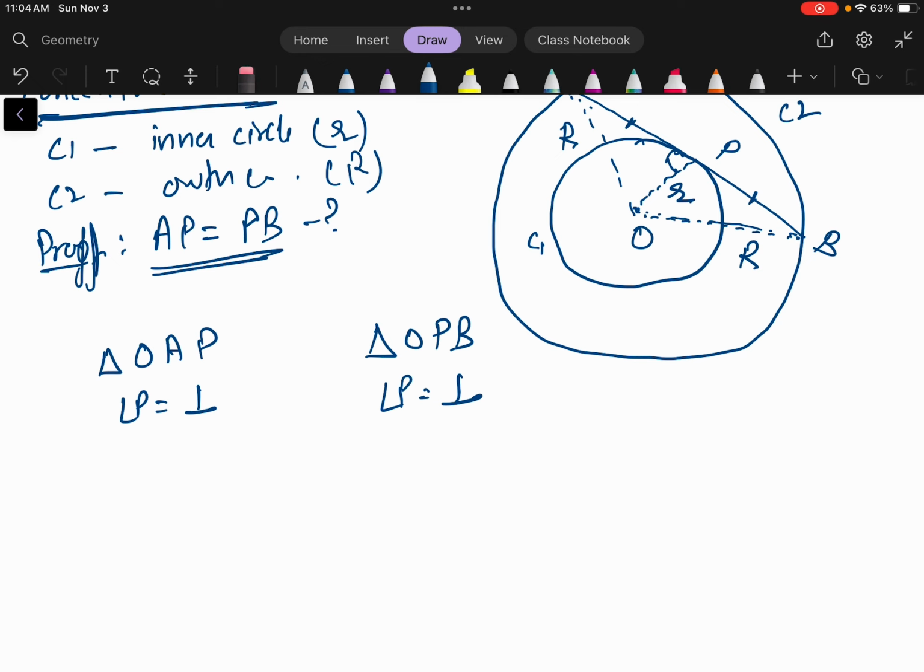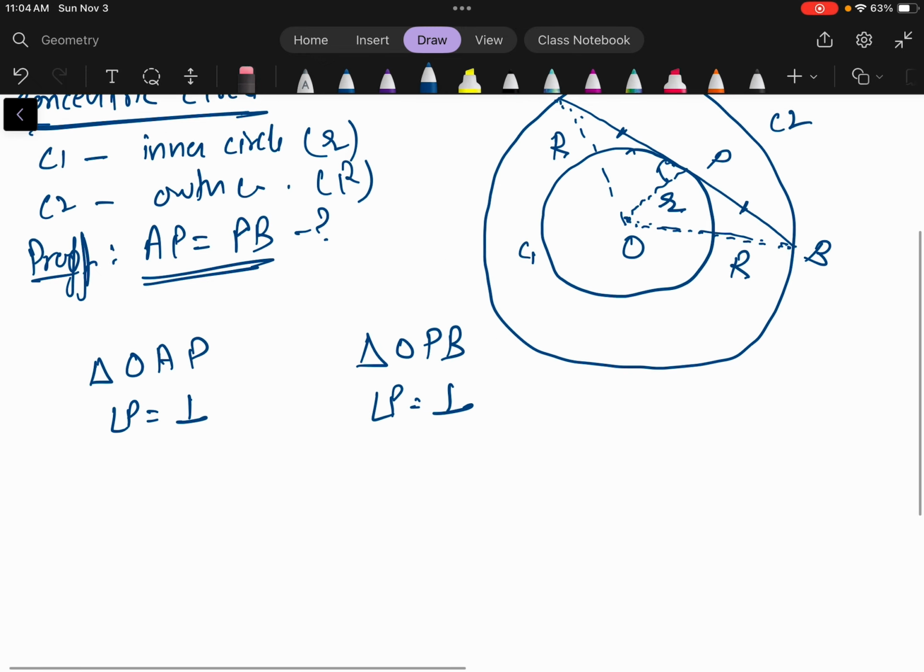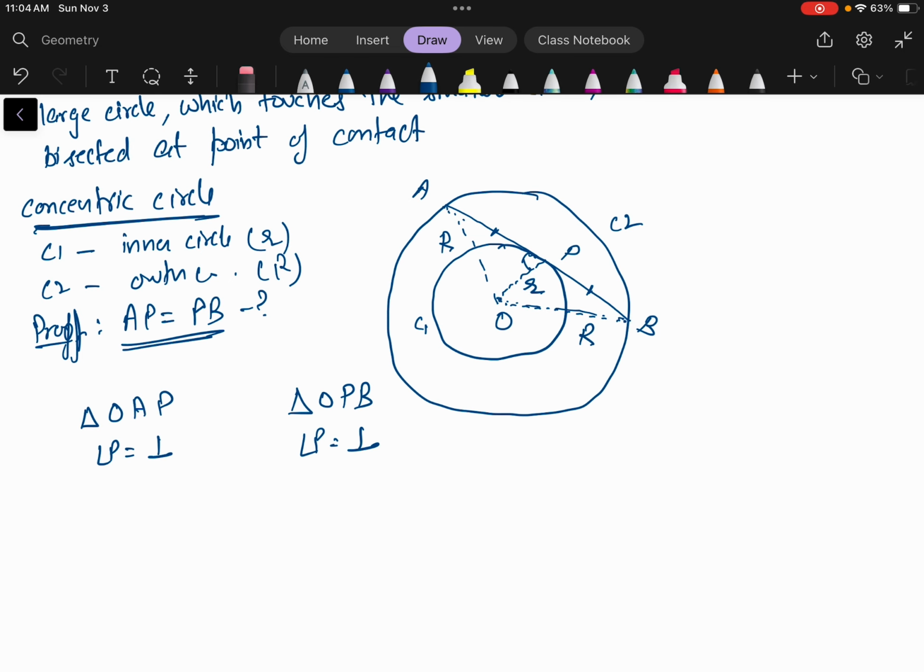In this triangle, this is our base, this is our perpendicular, and this is our hypotenuse. Same here, this is B dash. So we write h square is equal to b square plus p square. Here h is the radius of the bigger circle, and both radii are the same.